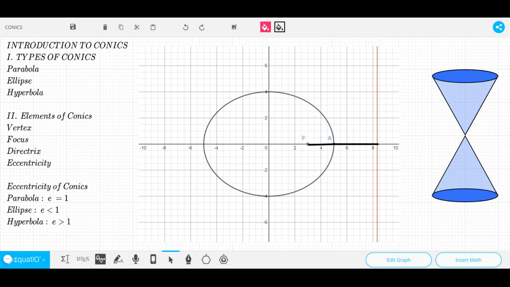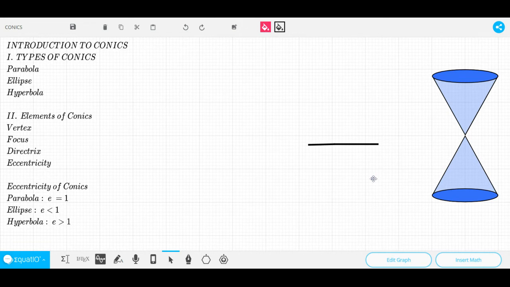In the case of the ellipse, we realize that the center of the ellipse, in this case being O, is the midpoint between A and its counterpart, which is the other vertex on the same axis, and between F and its counterpart, which is the second focus on the other side. Now, having a second focus means that we've got also another directrix. O again is the midpoint between this directrix and the directrix on the negative side of the abscissa.